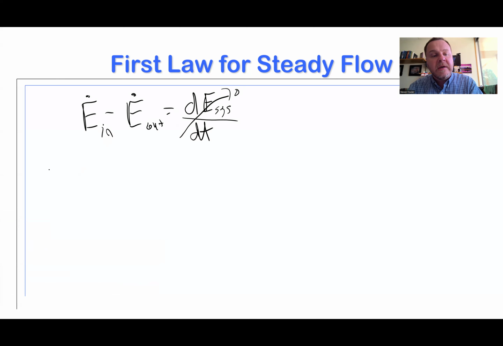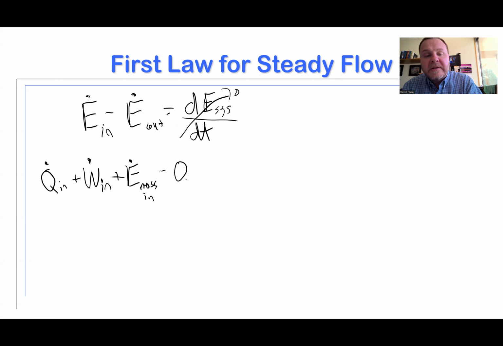Well, that's going to be heat. So it's Q dot in plus W dot in, the rate at which work can be done, or the power input. Again, power is specifically referring to work rate. So the rate at which work is done, or the power input, plus E dot mass in, the rate at which mass comes into the system.